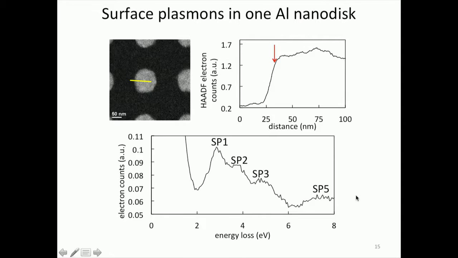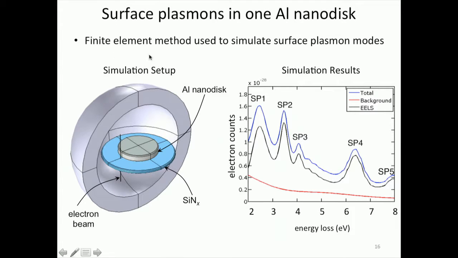So for that, we performed a finite element method simulation of the charge distribution, the charge induced in these particles with an electron beam excitation. To do the simulation, here I show the setup. There's a silicon nitride substrate, and then we simulate an electron beam going through it, just like in the experiment.